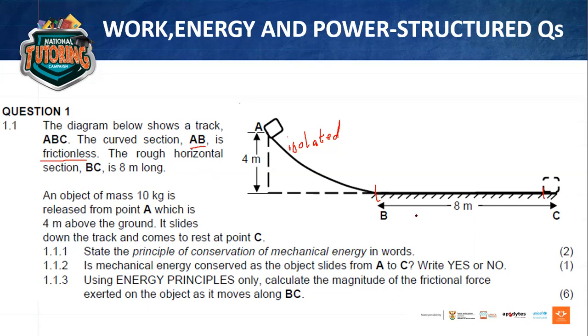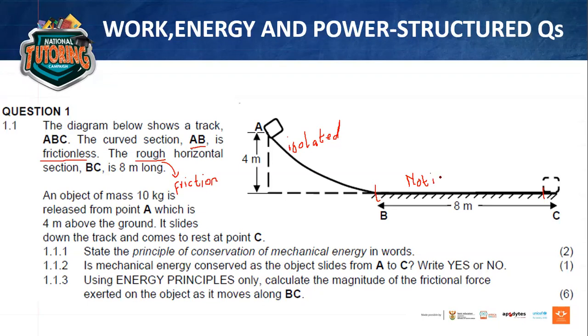And then the section BC, they have told us that it is rough, and we know that if it is rough, then it means there is a frictional force. Now, once there is friction, my dear learners, we know that the system is not isolated.